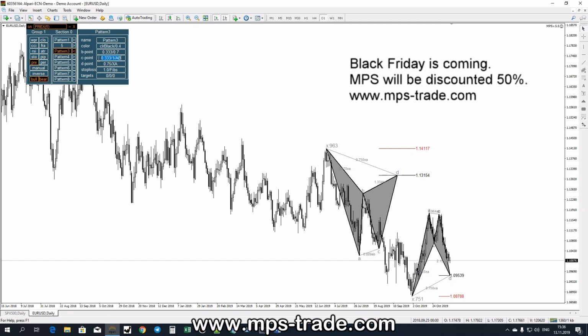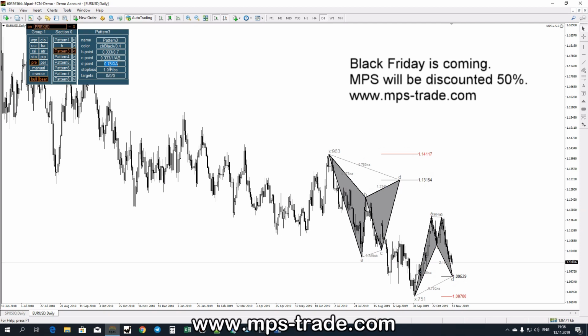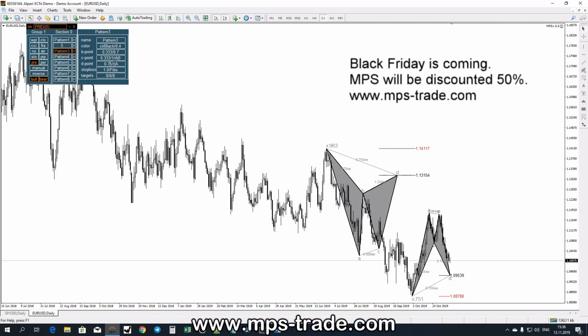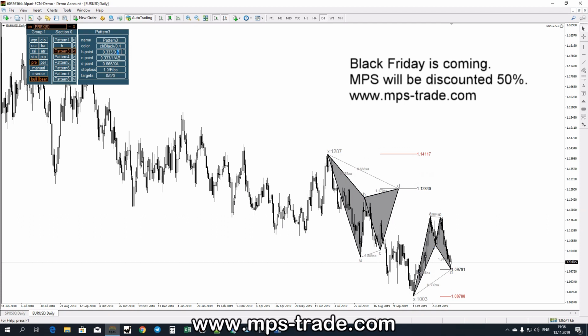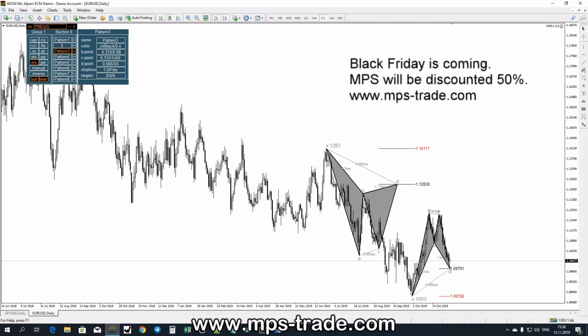Then the C point is 1/3 to whole. Then the D point is the completion. This D point doesn't matter at all, so let's type it 0.2/3, and this as 2/3. The stop loss, I place as 1 Fibonacci extension.